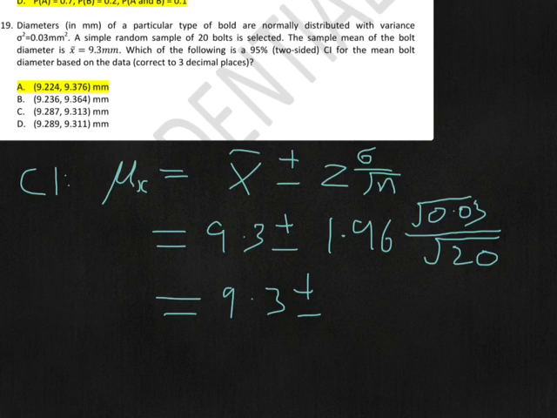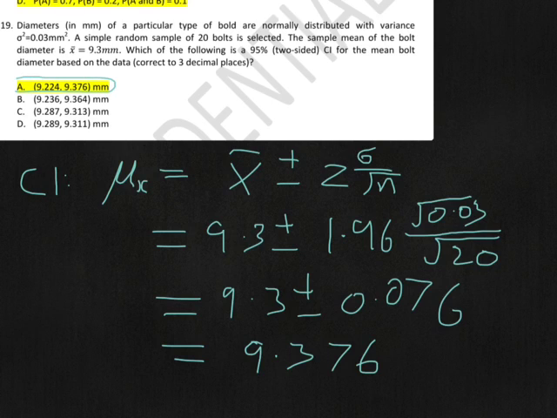So 9.3 plus or minus 0.076, and I can already see straight away that the upper limit is going to be 9.376, so we don't really have to go any further because that's told us that A is correct. So that's it for that one. Hope it made sense.